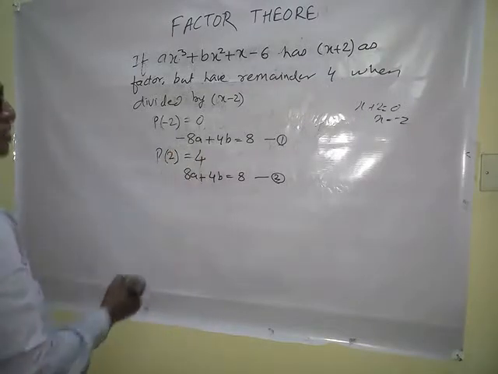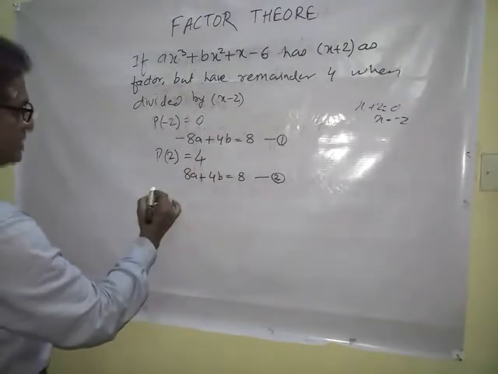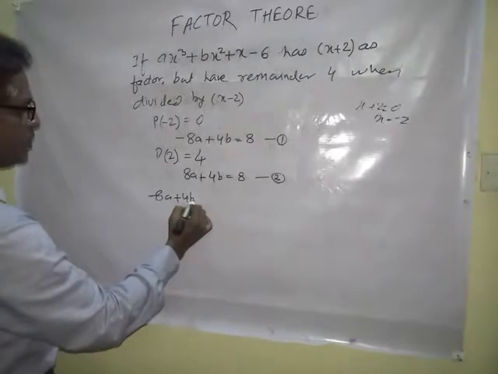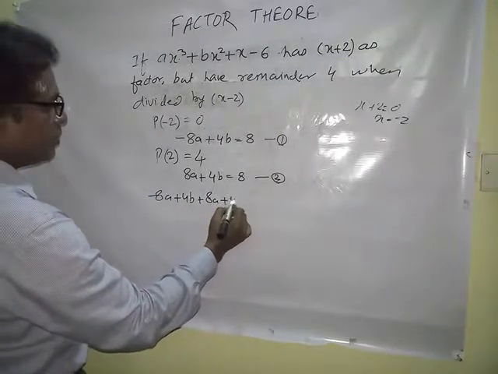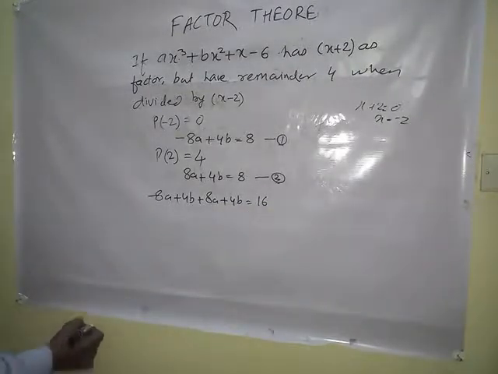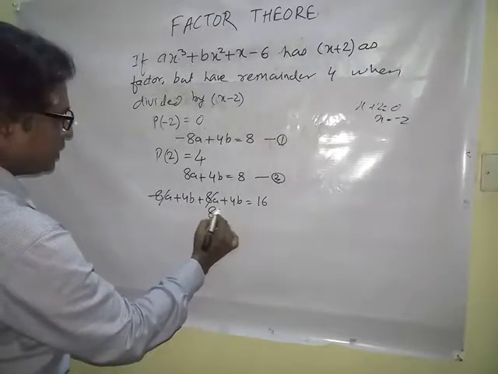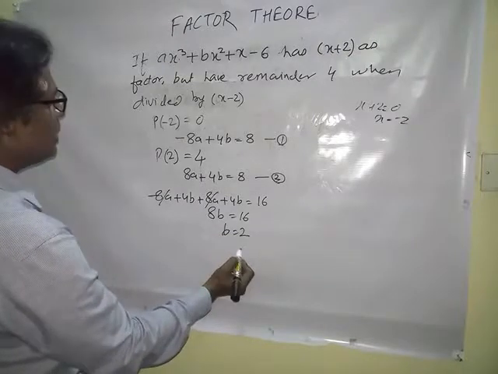Now in these two equations you are seeing 8a and minus 8a, so add left hand side and right hand side. So minus 8a plus 4b plus 8a plus 4b is equal to 16. So that way the a terms get cancelled. 8b is equal to 16. So b is equal to 2.